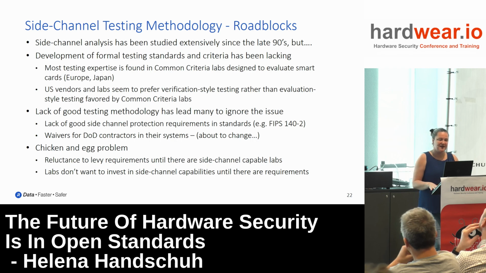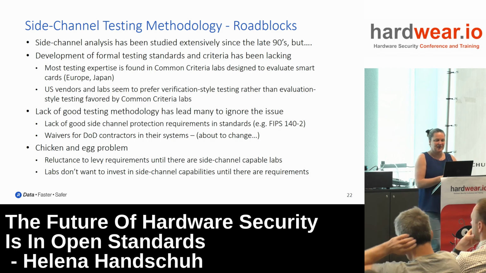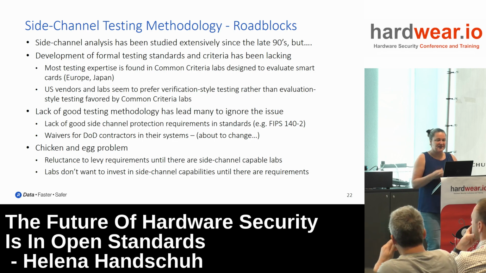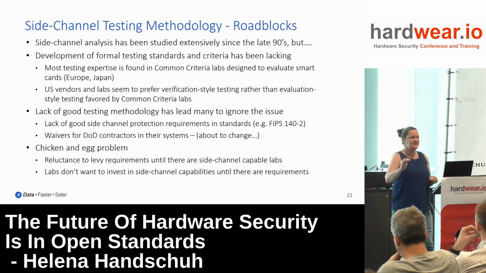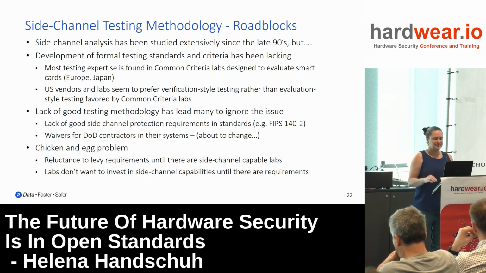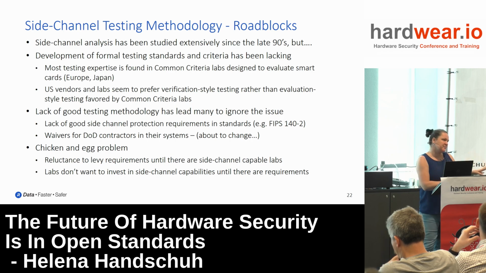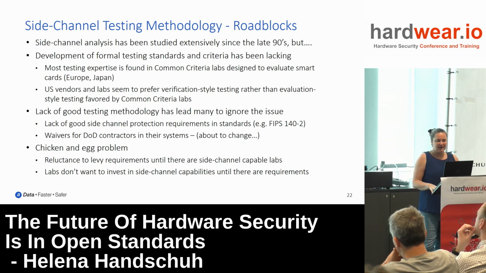So for the longest time, this has been a problem, because we didn't have good side channel protection requirements in the standards. It didn't say you have to do A, B, C, D, E, you're good, right? Because it's hard to do. So there were waivers for everybody to say, okay, we know it's a problem, we know it's an attack, but we'll waive everybody from having to deal with it because nobody knows how to test it in a checkbox manner.